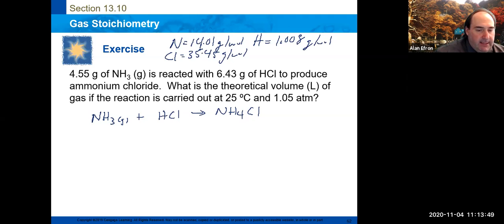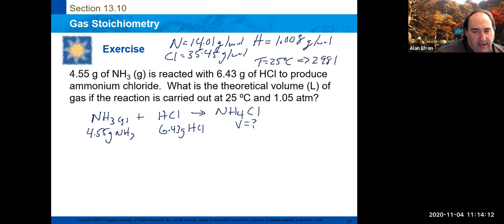In this particular case, we are starting with 4.55 grams of NH3 and also 6.43 grams of HCl. And we want to know the volume of our ammonium chloride. We also have a temperature of 25 degrees Celsius, which is the same as 298 Kelvin, and a pressure of 1.05 atmospheres.